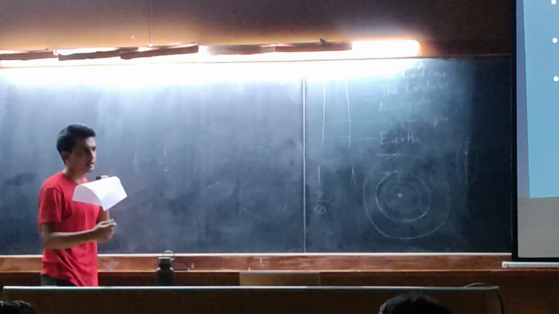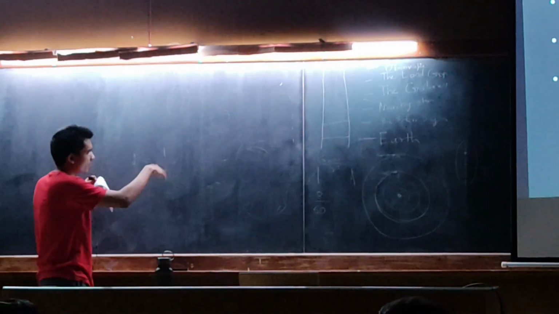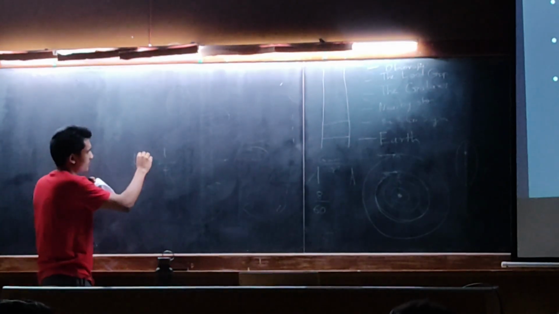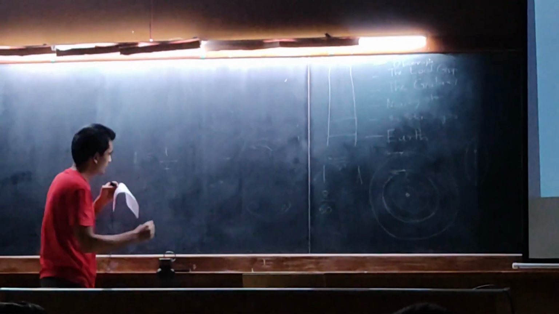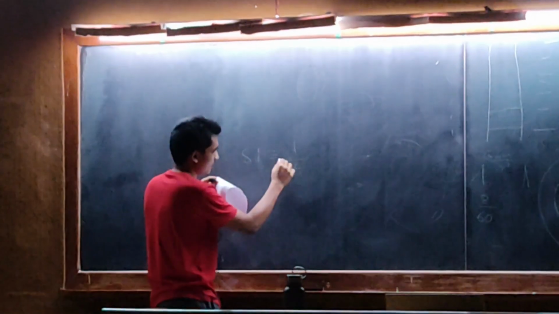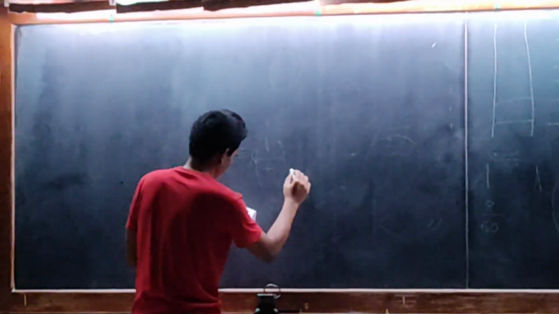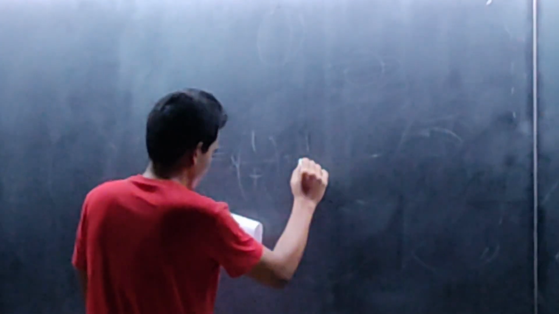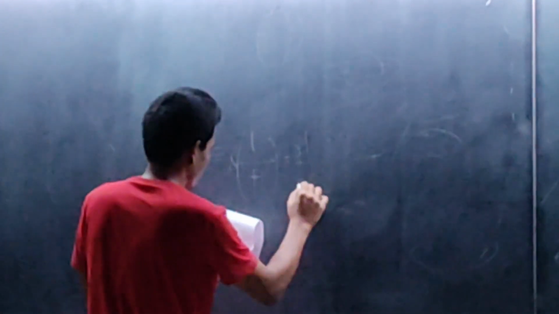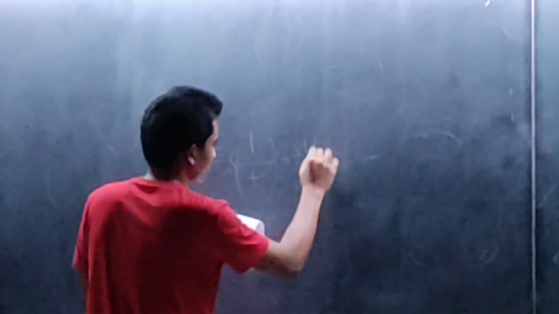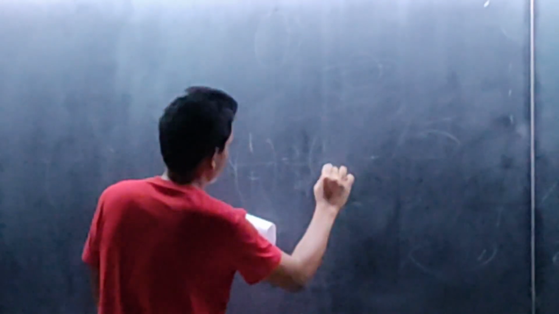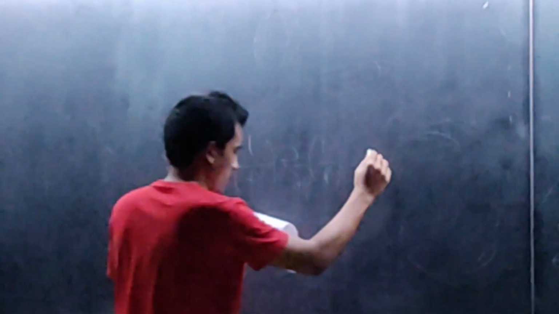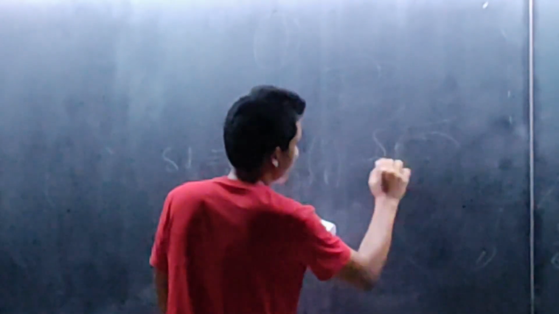Say the angle is 0.1, so the distance goes as roughly 1 by d. So the error in the distance should follow a relation of the order of 1 by d squared. If you don't get this, it's okay, just take my word for it.